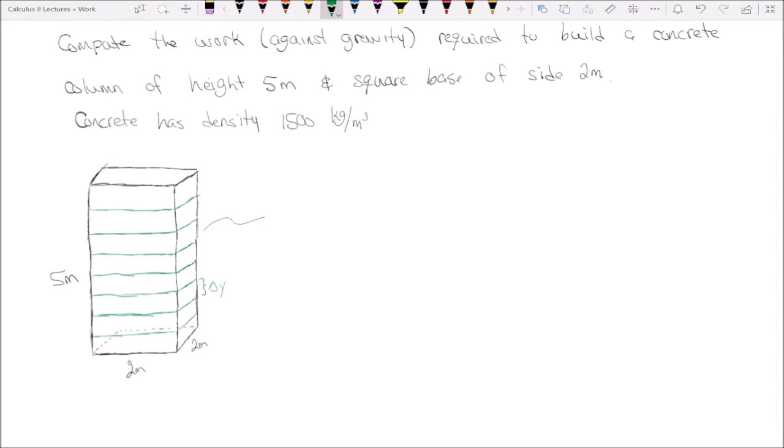So if we take a look at just one of these slabs, obviously the slab is going to be square, and it's going to have a specific width. Two meters, the width is delta y.